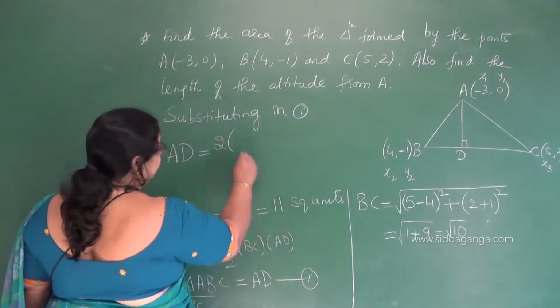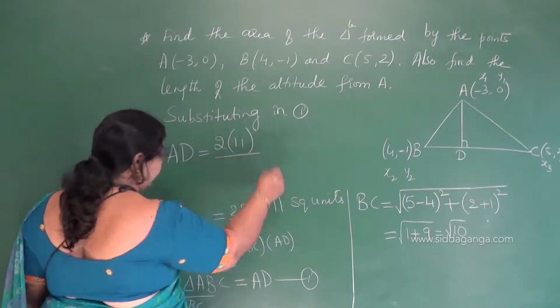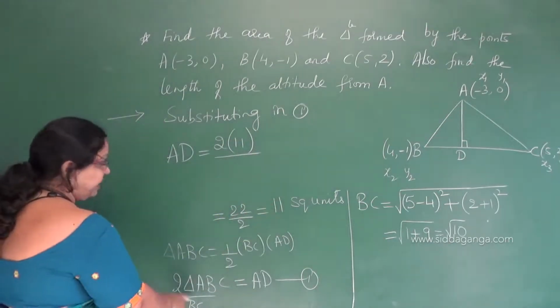Area of the triangle 11 square units ಬಂದಿದೆ, divided by BC.